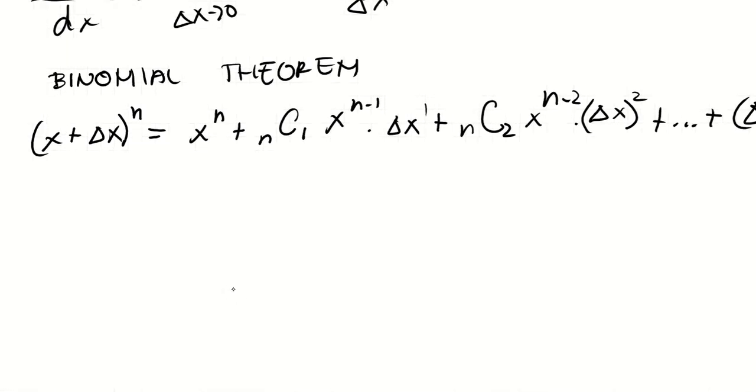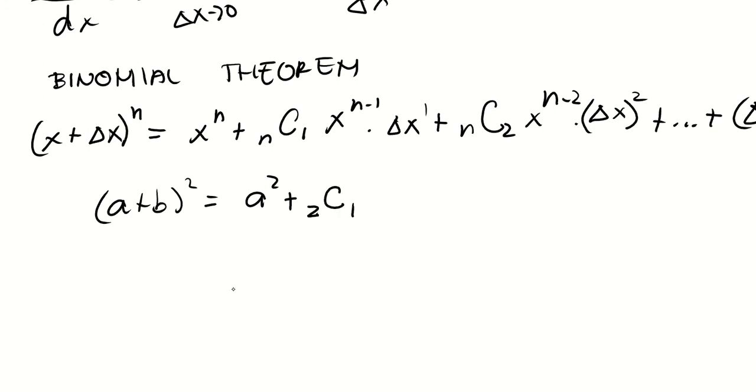So if you remember, for example, a plus b squared. So this is the first term, x raised to n. Our x is a, so this is a squared. Then nC1. What is nC1? It should be 2C1.